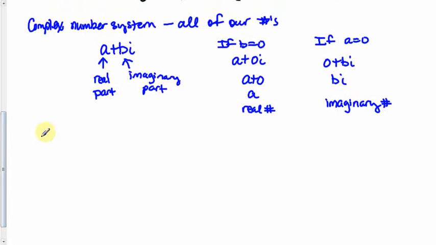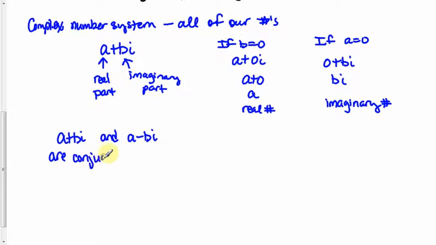Furthermore, as we learn about our complex number system, a plus bi and a minus bi are conjugates of each other.